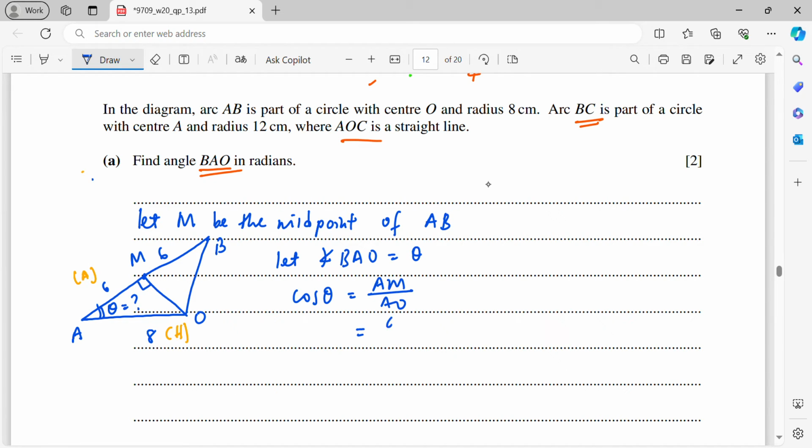So this is 6 over 8. Therefore, my theta is inverse cos 6 over 8. Now remember, in radians, so change the mode to radians. It will be 0.723 radians. So done for the angle BAO.